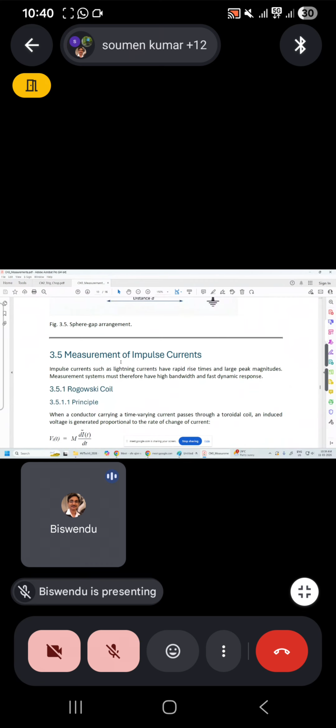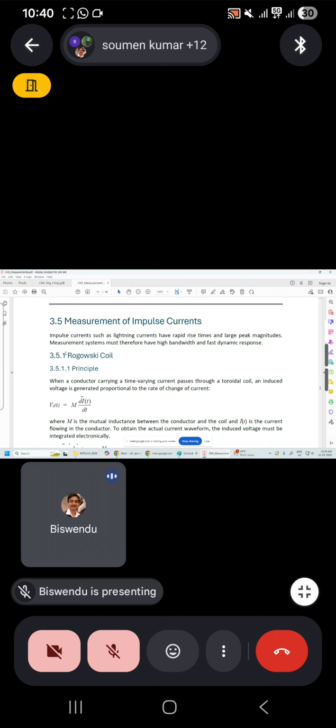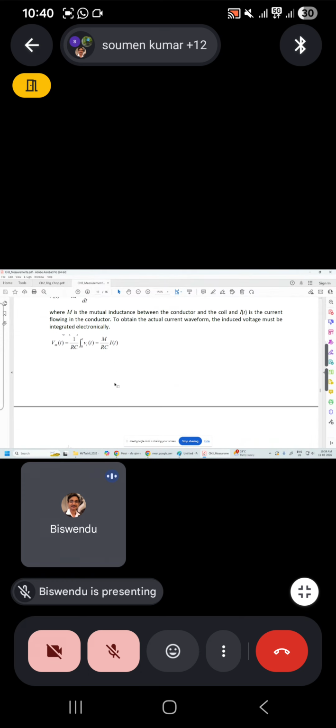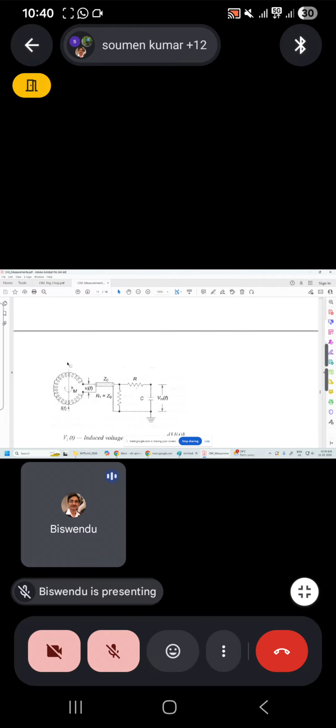Now comes impulse current measurement. This is very essential, important actually for examination also. The Rogowski coil is nothing but, if you see this construction, the main current like a CT without a core. Just think of a CT without a core.